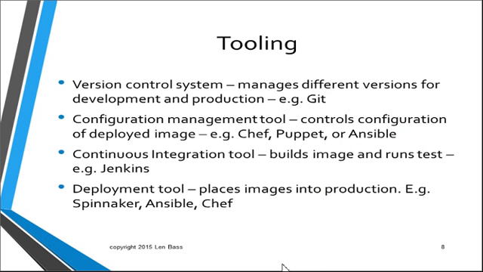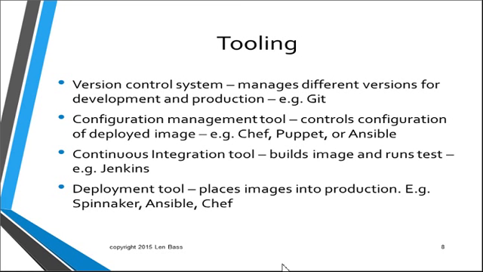The kind of tools that you use in the deployment pipeline are, one of them, a version control system. So this manages different versions for production and development. Git is the most recent entry in this, and that's a distributed version control system that I would say pretty much everybody's using at this point.